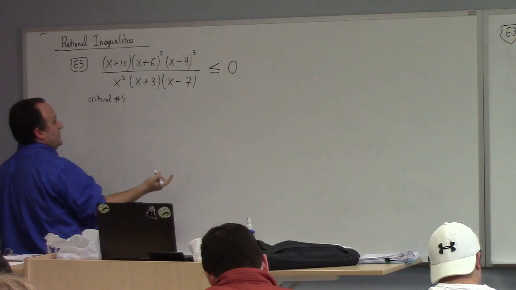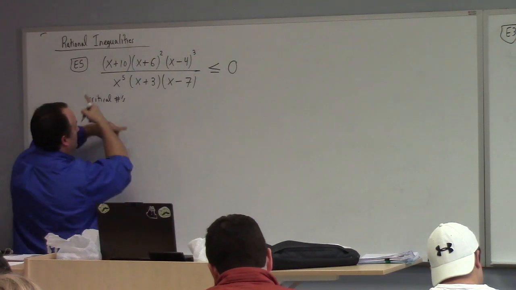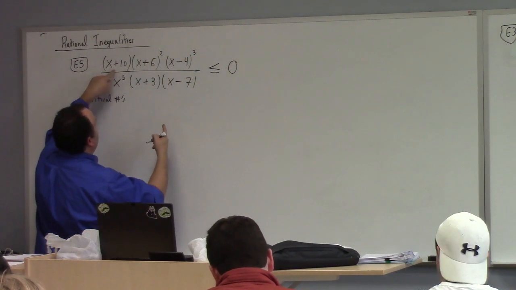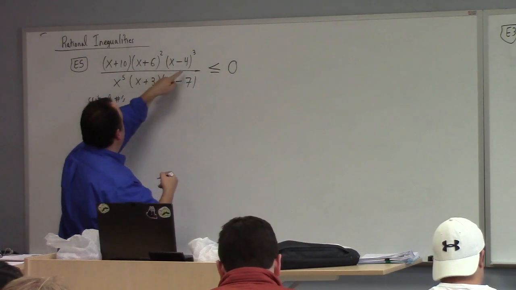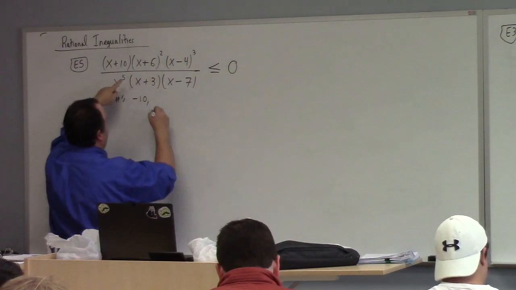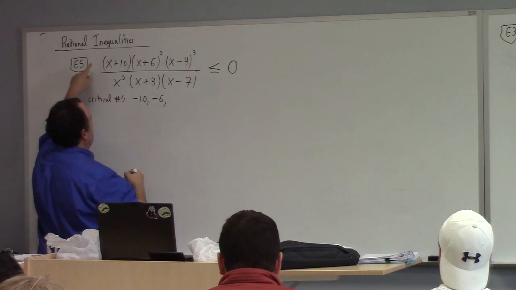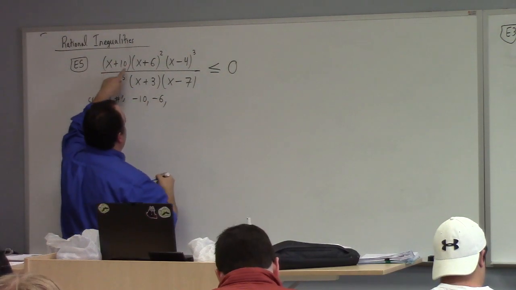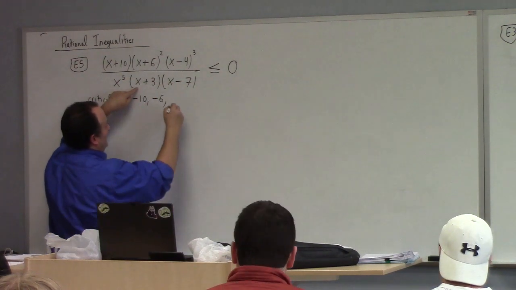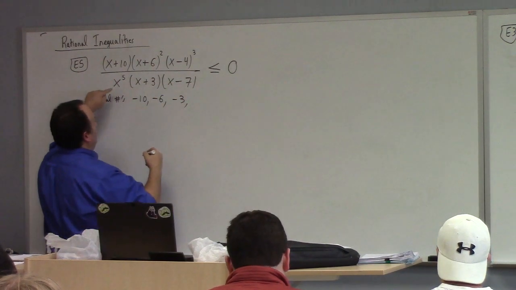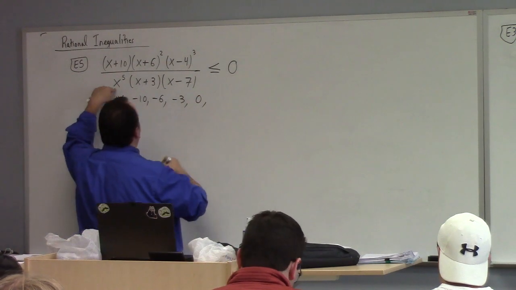Which is the smallest one? This would be 0 when x is minus 10, right? What's next? Negative 6. What's next? That would be positive 4 because it's x minus 4. So this is 0 when x is minus 3. That's your 0.